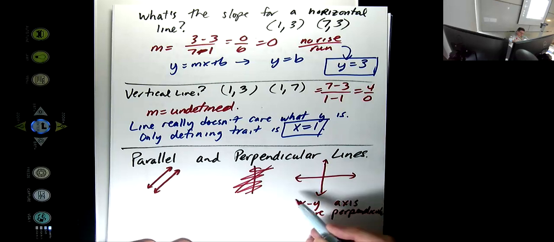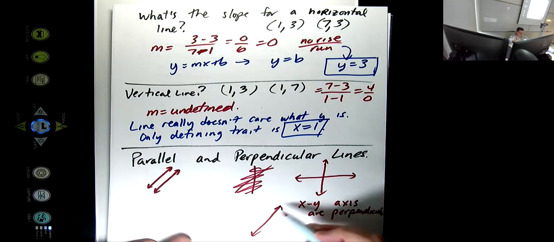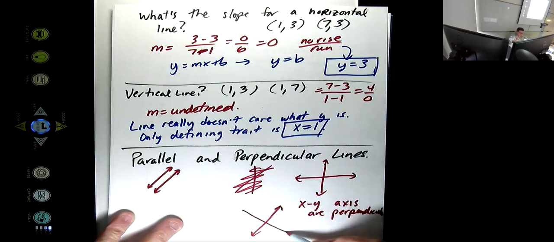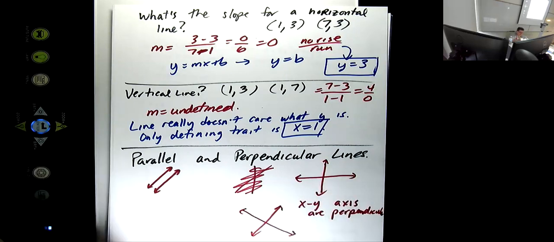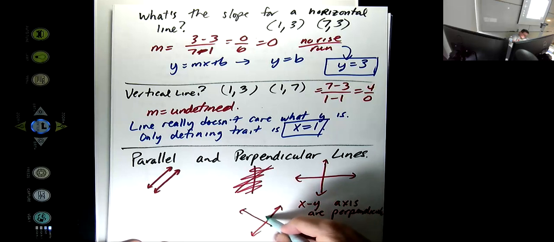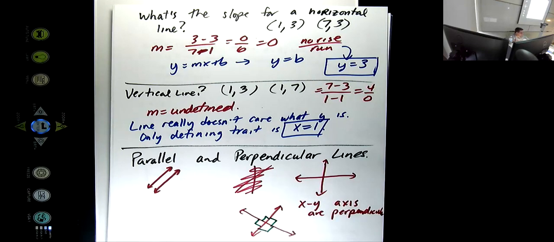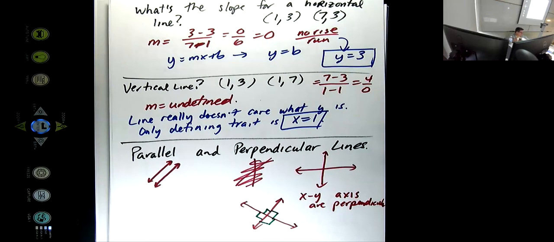They don't have to cross like that. One could be at a diagonal, as long as when you rotate it, you could make a box and it would look like a box, not a rhombus or some diamond. Well, I guess a diamond does look like a box.